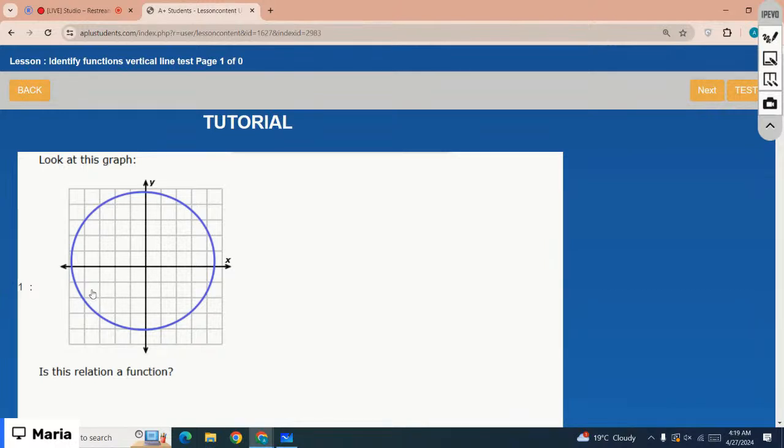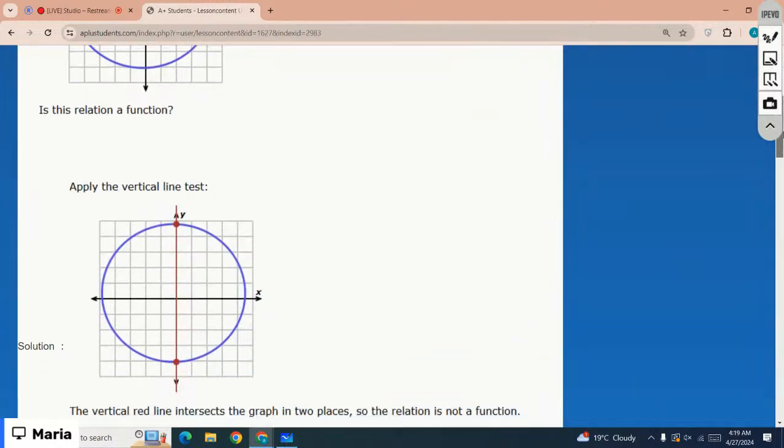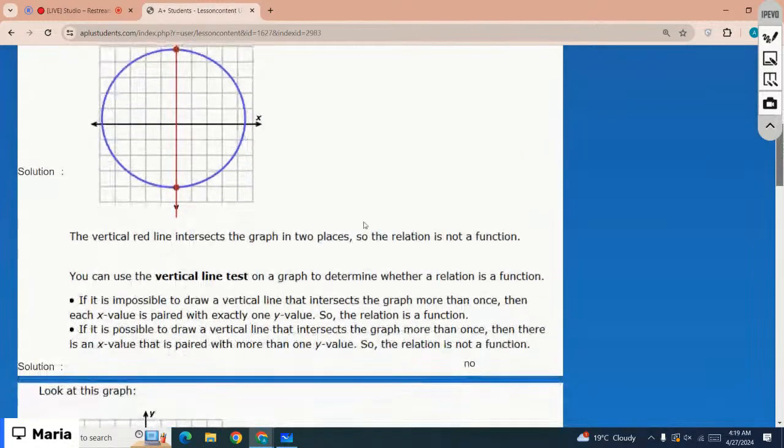Okay, look at this graph. Is this relation a function? So you have to do a vertical line test. A vertical line test means you need to make a vertical line. You can use the vertical line test on a graph to determine whether a relation is a function.